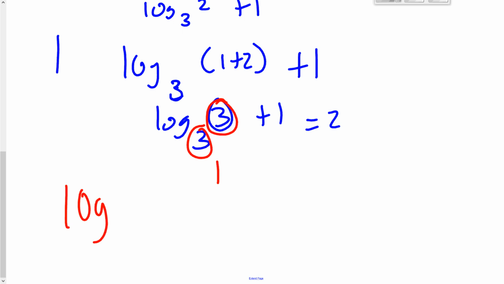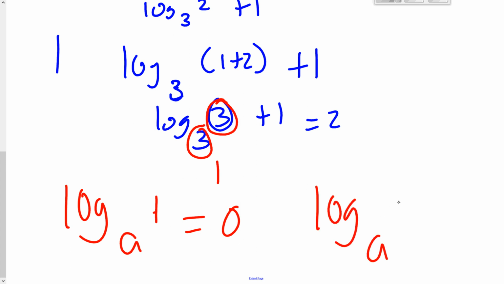So log base a of 1 is equal to 0. Taking the log with any base of 1 is always going to be 0, and log of any base of that same number is going to be 1. So those are some easy ones that we can plug in, right?